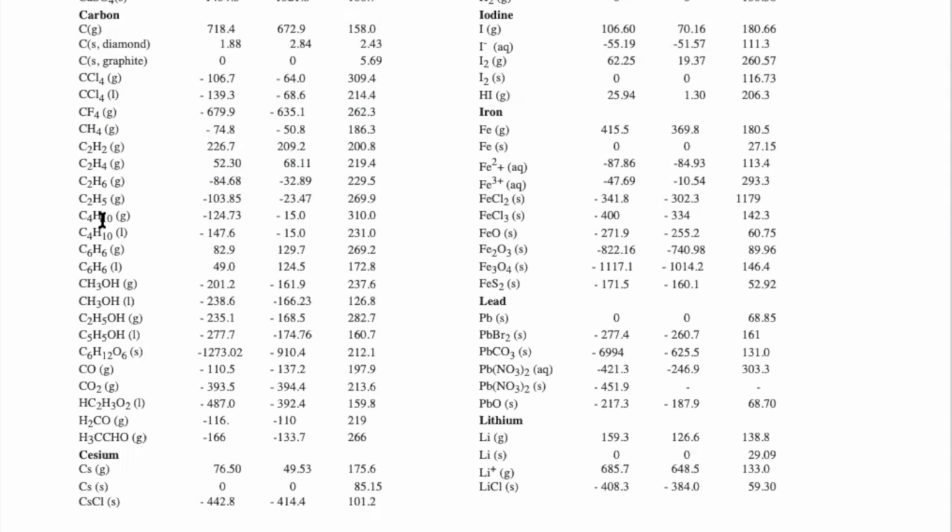You have to make sure you pick the correct state. That's why the phase is important when you write this reaction. In this case, it's the gas state, so you want to pick this value for delta H, 82.9, this value for delta G, and this value for delta S right here, because we're looking at the gas state.